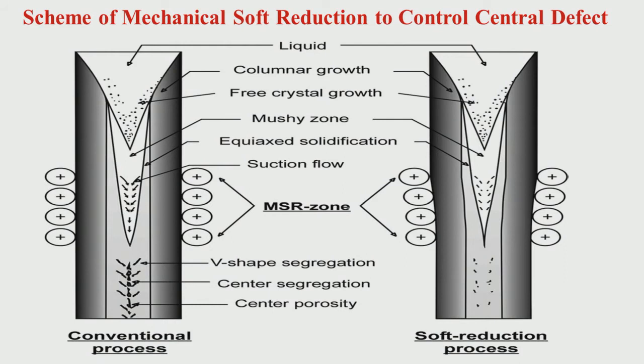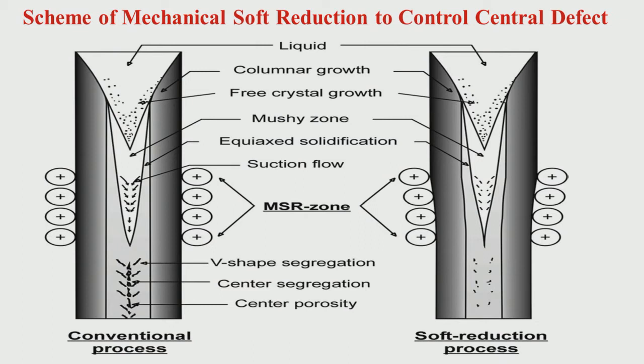I have mentioned that normally the last portion of the cast product is almost horizontal. Initially the solidification starts in the mold, when it is vertical or curved, depending on which type of mold you are using.